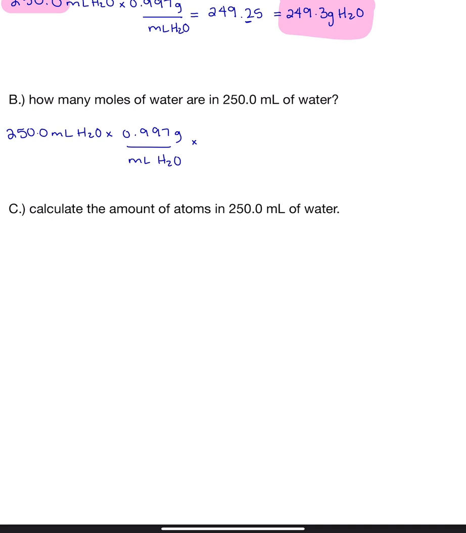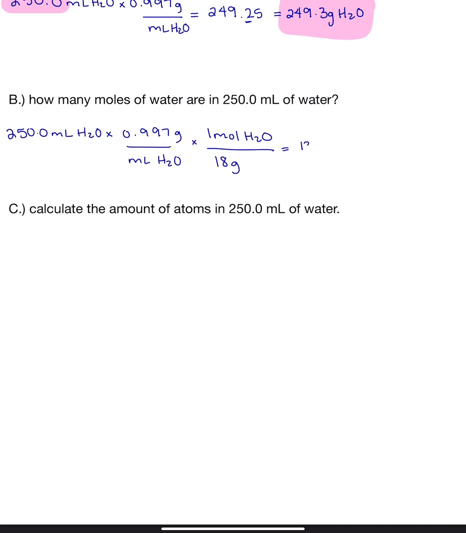So we're going to use moles. 1 mole of H2O is roughly 18 grams. And then we're going to solve that, which would be 250 times, so 249.25 divided by 18.